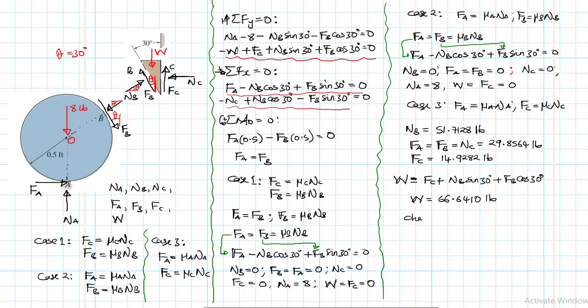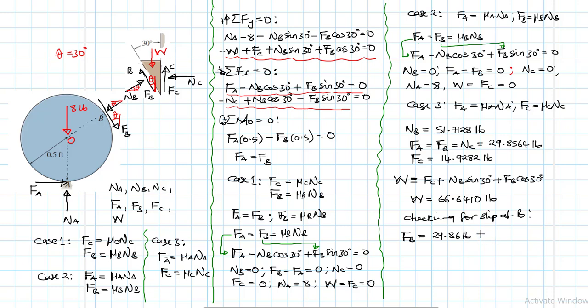So checking for slip, since we assume impending motion at A and C, let's check for slip at B. If we did so, we'll find that our FB is equal to 29.8564, rounding off to 2 decimal places, 29.86 pounds.